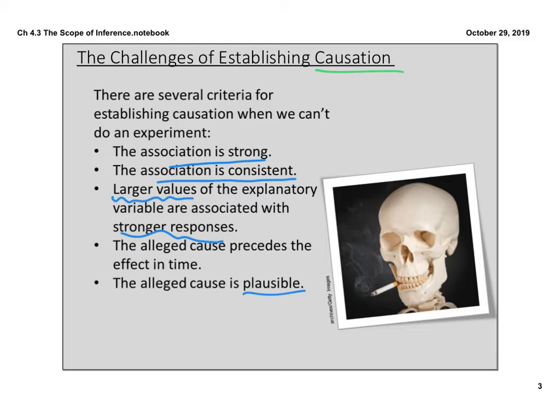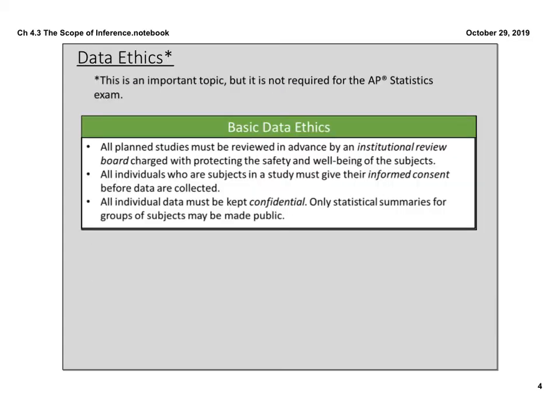So it's really hard to establish causation when we're looking at an observational study if we're not doing an experiment. Most often, you're going to be testing these things when you're actually doing an experiment, which makes it a little bit easier because you've got that control group and the treatments and all that. So this is an important topic.